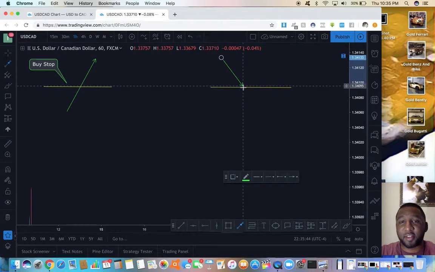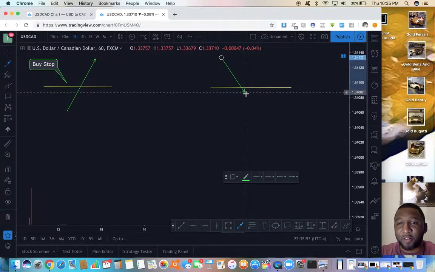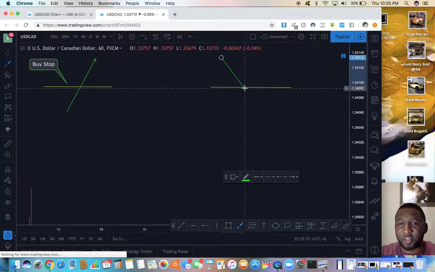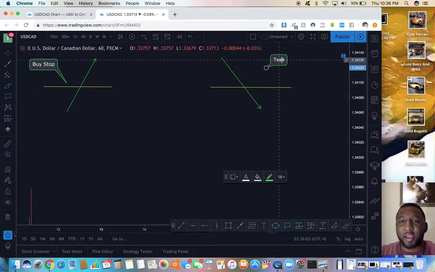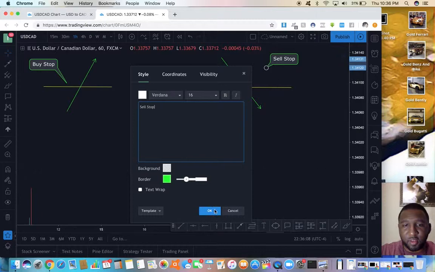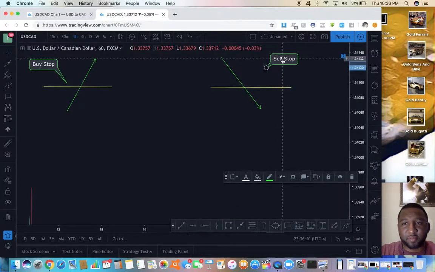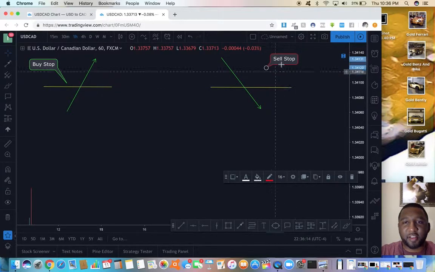When the market gets to this line, you want to tell the market, hey, put me in the trade, but you want it to keep moving down. So the market will be moving down, get to this particular point, and then keep on going. In this scenario, it would be called a sell stop. Actually, let's change it to red. This one would be called a sell stop.